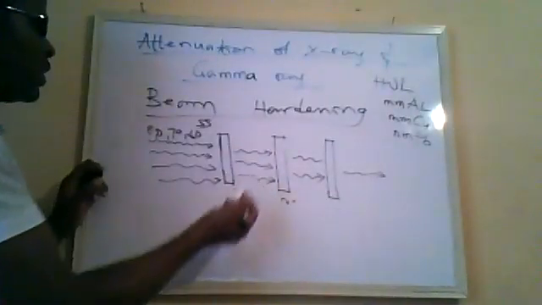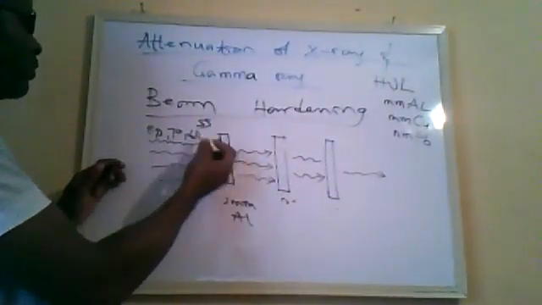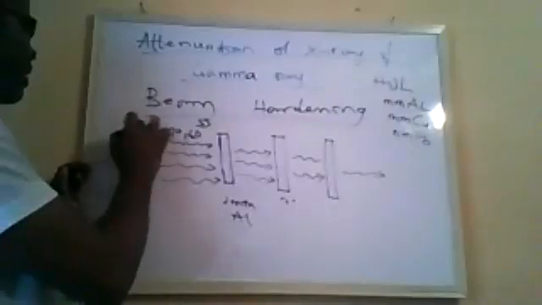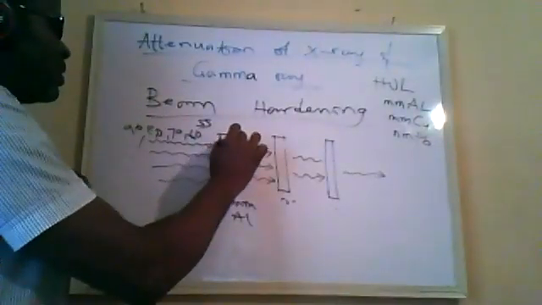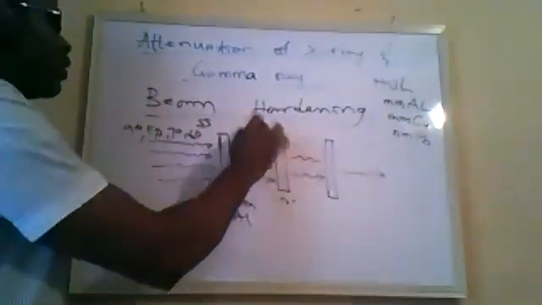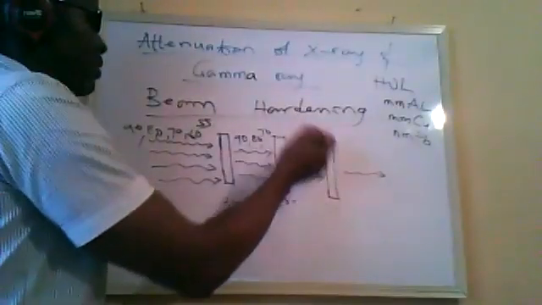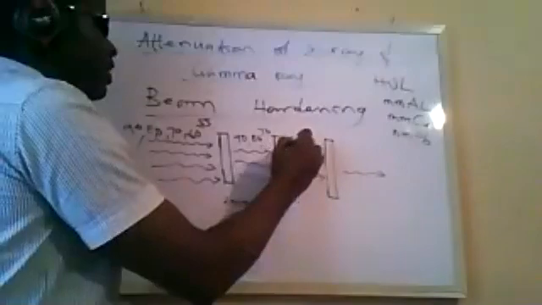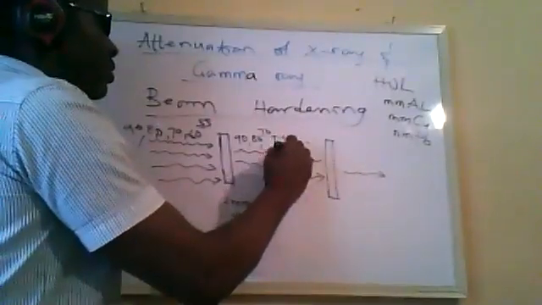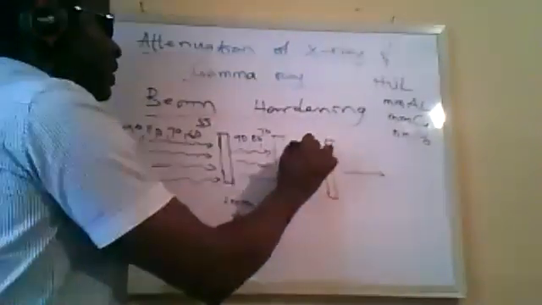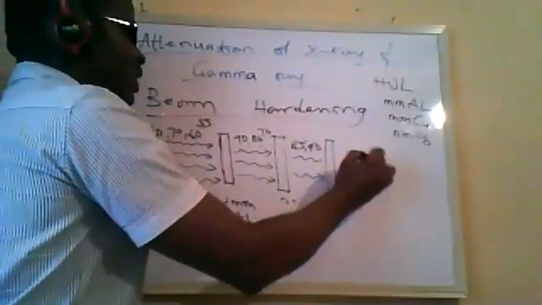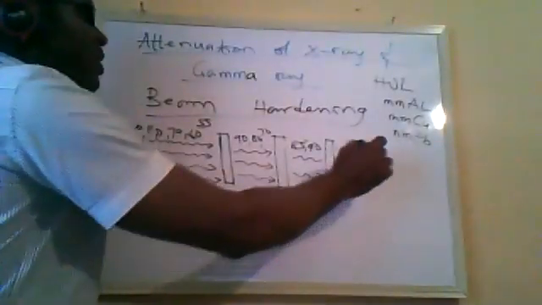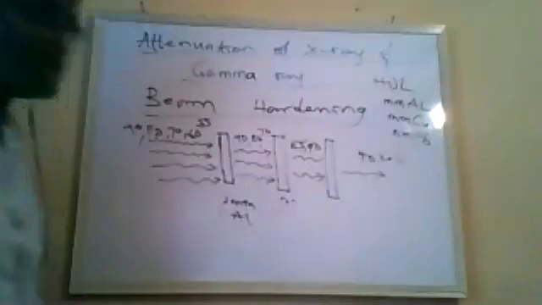So I remove 55 and 60, and I don't even add the 90, so that the 90, 80, 70 go through. At the end of the day, we have mainly 90 keV photons passing through.